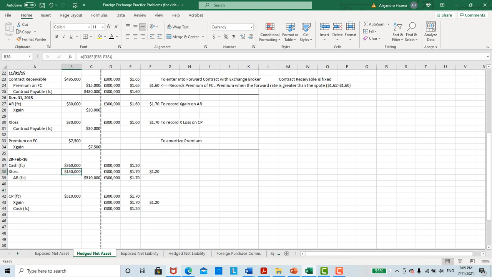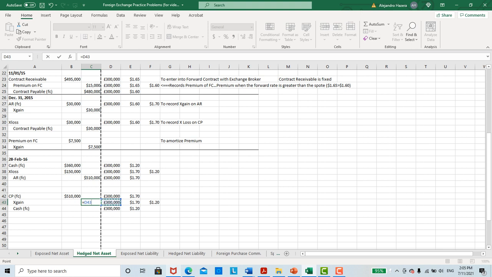And the easiest way to get that is just take 300,000 times $1.70. Or you can also add up this contract payable 480 plus that 30. That's also going to give you that 510 right there. That's another way to do it. Now you can have an exchange gain, and it's going to be calculated the same as last time.